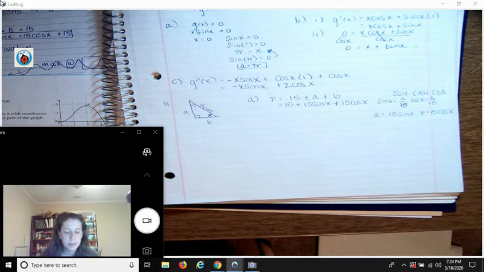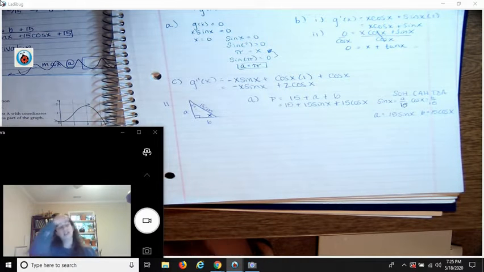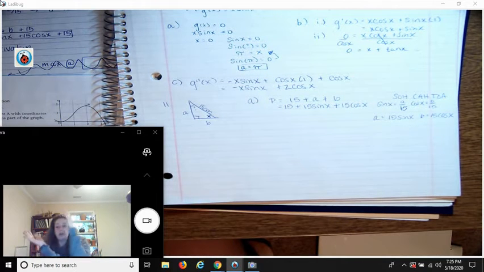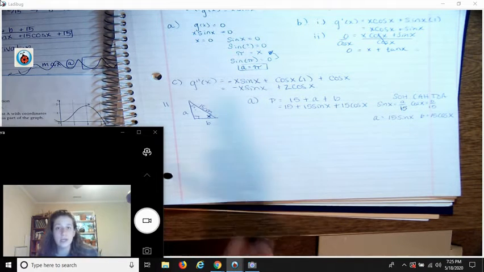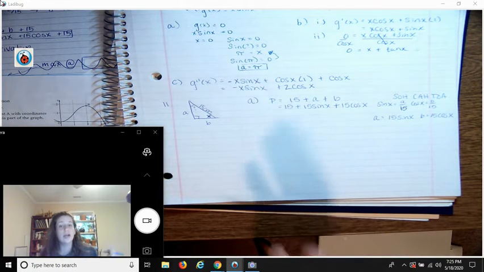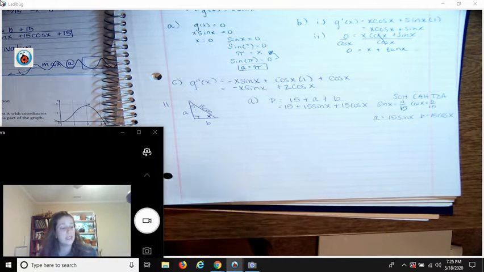Then it says, find an expression for the rate of change in perimeter as x varies. If you imagine we have a triangle and that angle is constantly changing size, then our side lengths are going to change size with it. So we can write a function, a differential equation, to show how that change occurs.